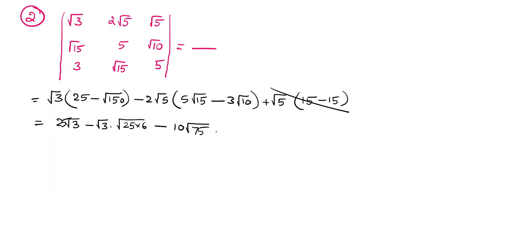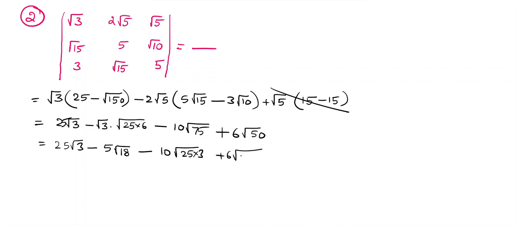This is 75, minus into minus is plus, 2 times 3 is 6, 6 root 50. This is equal to 25 root 3 minus root 3 into, root 25 is 5, this is 5 root 3 into root 6, this is 18 minus 10. This root 75 is written as 25 into 3, plus 6 into root 50, written as 25 into 2.